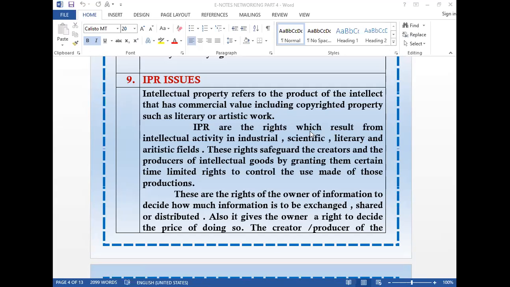For example, your father has built a house. Your father is the real owner of the house. He has full copyright property, full ownership of that house.